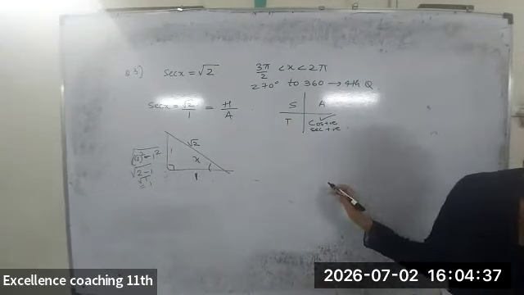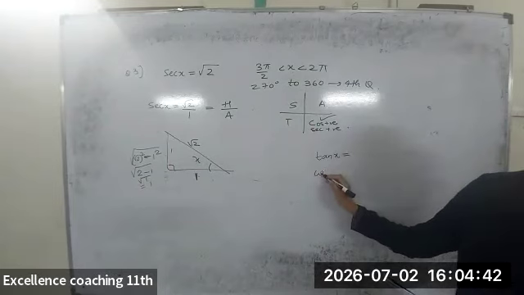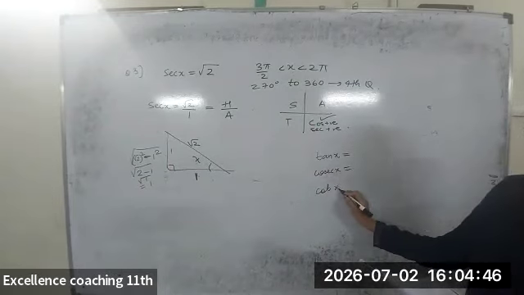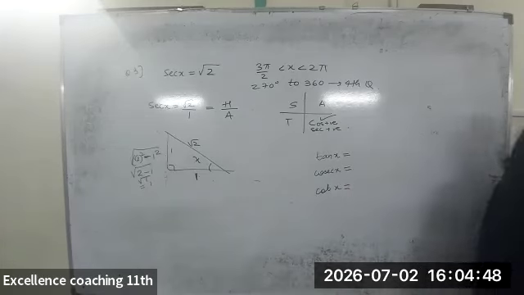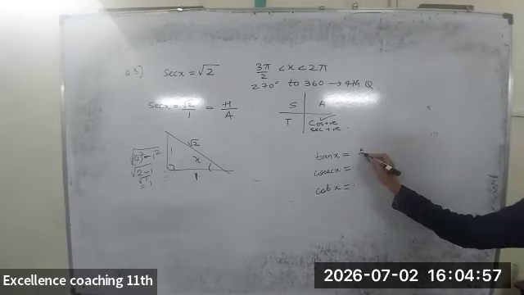Now which all values do we need? Tan x, cosec x and cot x. As per the problem, we need all these values. So find out all these three and then put them there. Tan will be opposite upon adjacent.